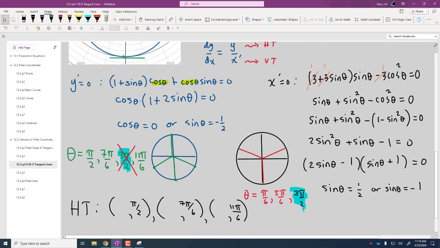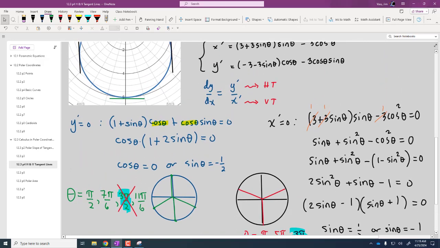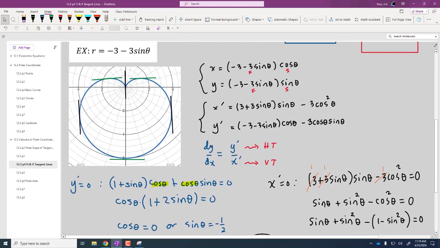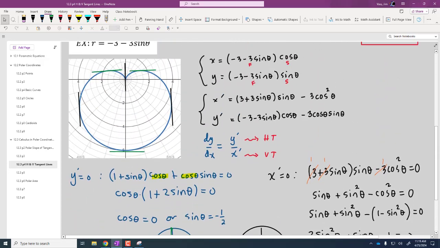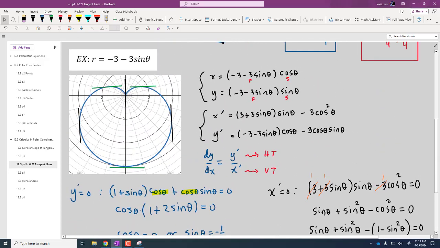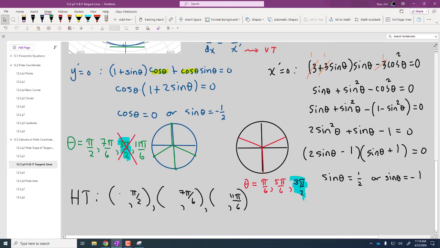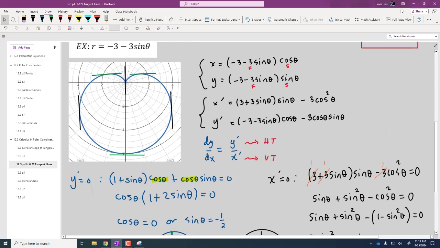If we want to get the r value, we can look at the original equation. We probably can even just look at the graph. So our first theta value was pi over 2. So pi over 2, and what's going to be the r value there? 0. If you plug this in, you also will get 0.